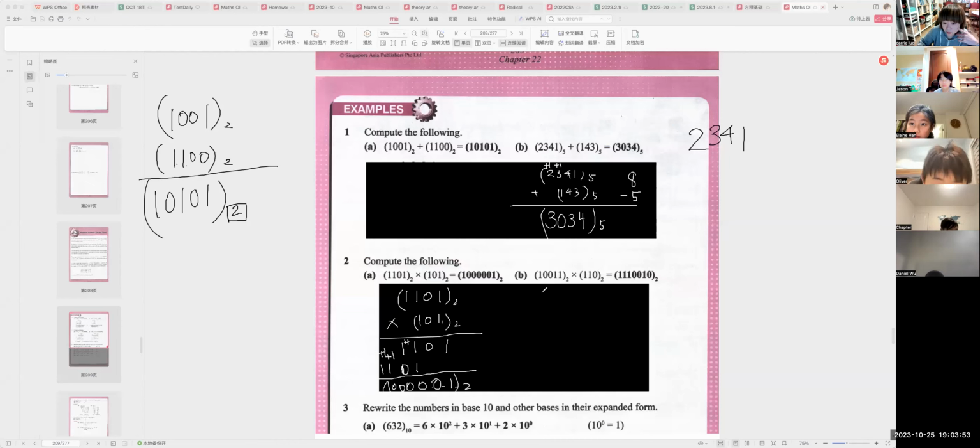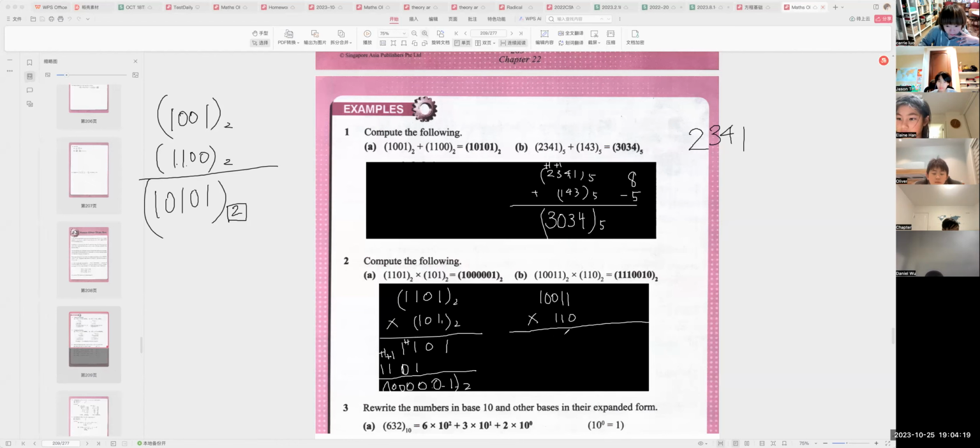Okay, so let's take a look at this one. 10011 times 110. We don't really have to write this one out, right? The first line is 0, it doesn't matter, you don't have to do it at all.